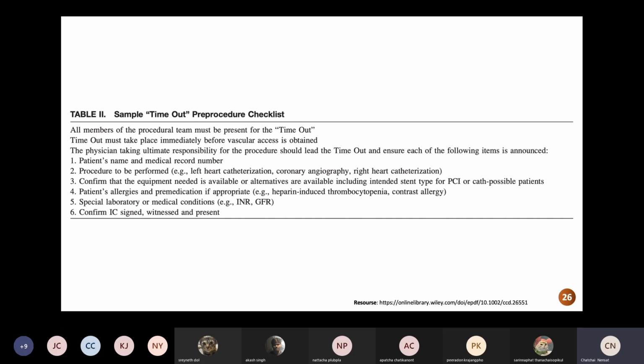So you have to speak out loudly to let everyone in the room, also the patient and also the hemodynamic monitoring technician in the monitoring room, hear the patient information. And this is the event that we call timeout. We have to do it before doing the procedure in every case.